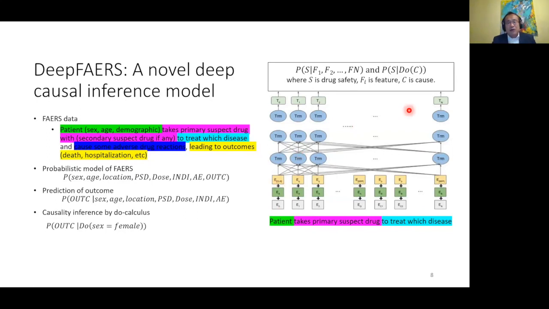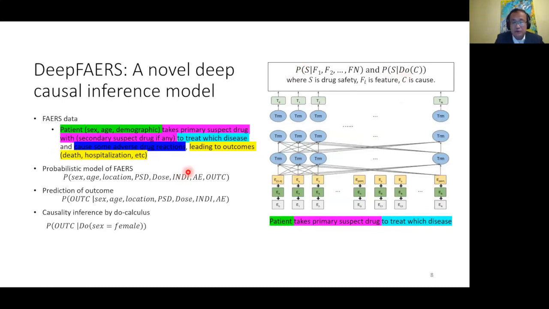The Bayesian network helps us not only detect and predict safety signals, but also do causal inference and answer questions like, what is the reason for a certain severe clinical outcome? So that is the approach we propose and how it works.